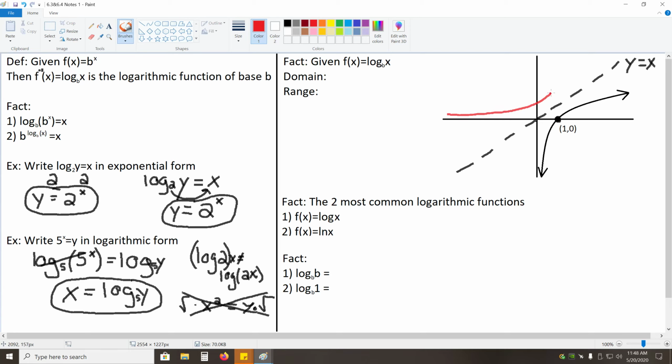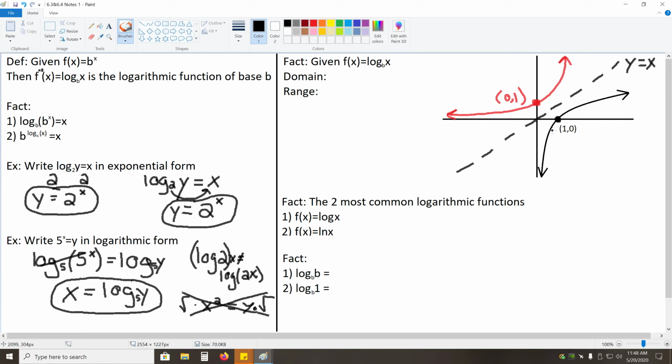It's something along these lines, and it passes through the point (0, 1). So since this is what the exponential function looks like of base b, if you reflect it over the line y equals x, you'll end up getting this black graph that passes through the point (1, 0) instead of (0, 1), because again, it is the inverse function.